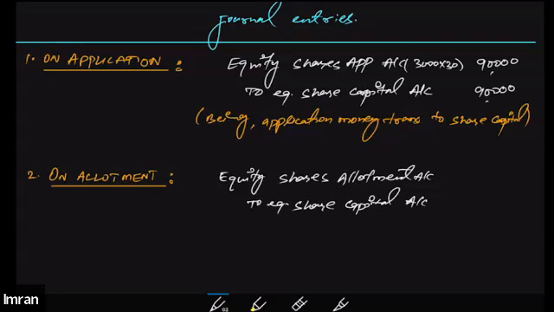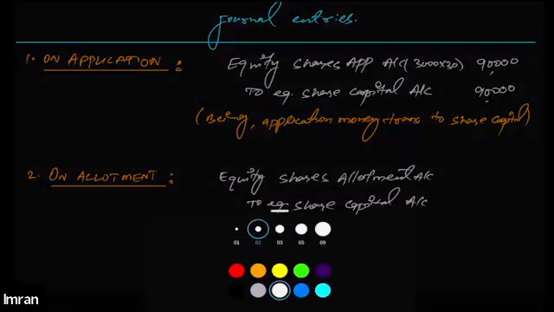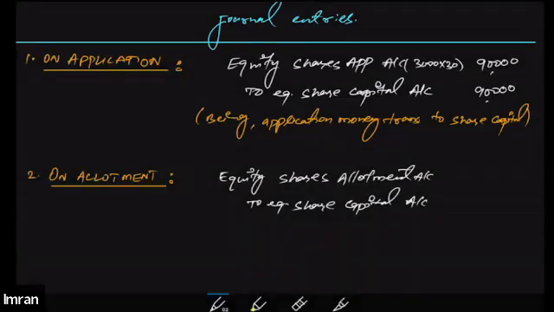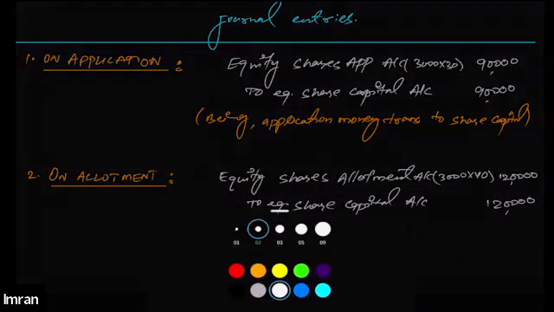Okay. Now, anybody please tell me the value. How much have we received on our allotment? We will be receiving 40 per share, right? So 3,000 into 40. That means 1,20,000. Is it clear, all of you?